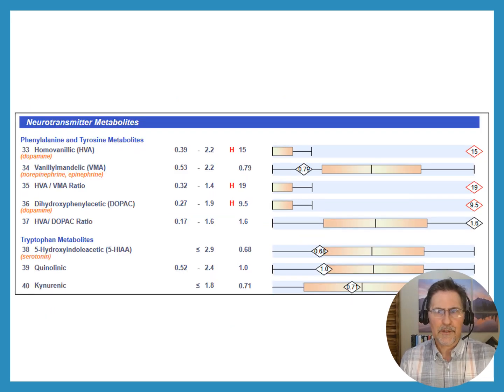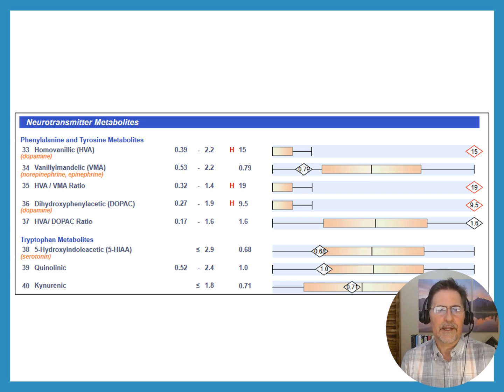And then in the neurotransmitter metabolite section, we see in this individual very high levels of homovanillic acid, which is a dopamine metabolite. In autistic individuals, for example, this sometimes can contribute to behavioral problems. It's also been linked in very high levels to schizophrenia or psychosis, or just irritability, difficulty concentrating, poor sleep can be sort of other manifestations.